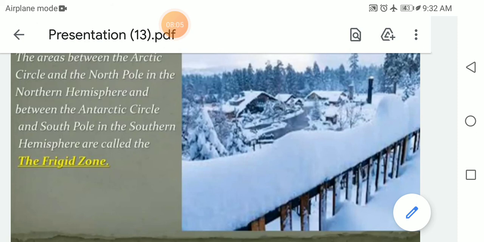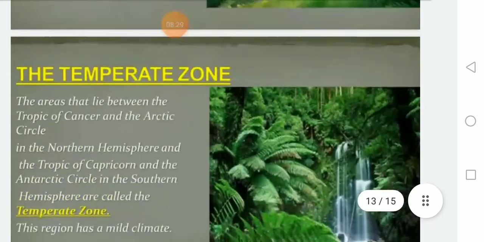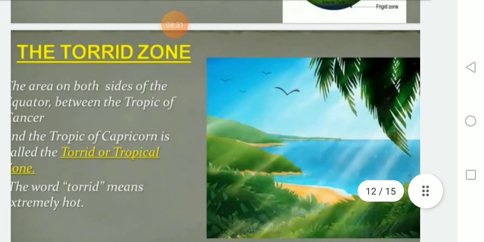So the coldness or hotness of a place is determined by its climatic condition, and climate is the average of the weather condition over a place. We have three major climatic zones. First, the torrid zone, which is extremely hot.